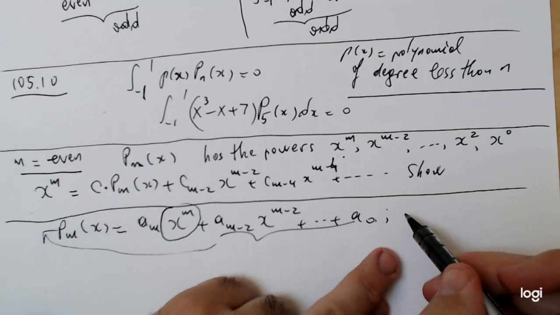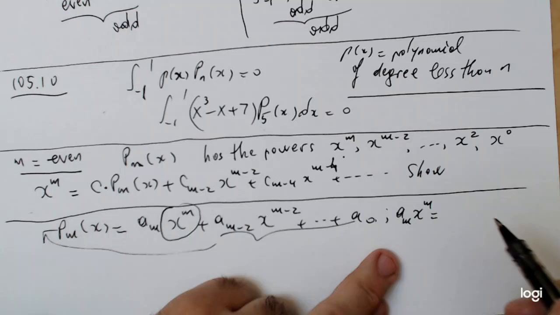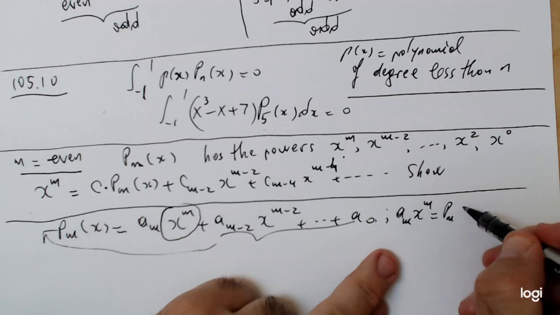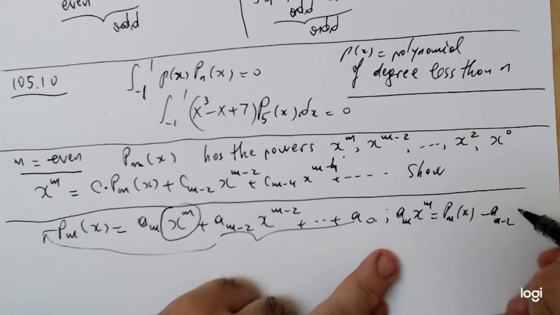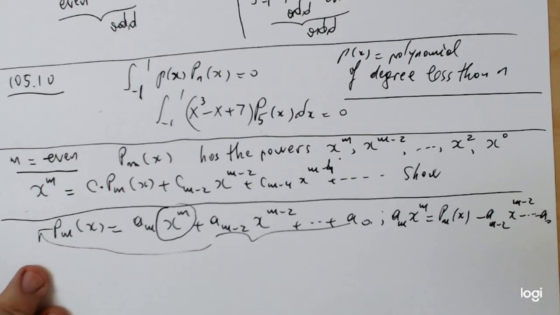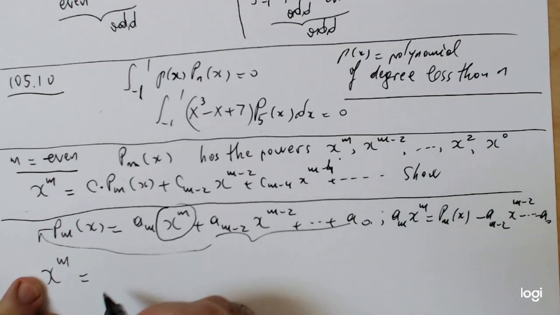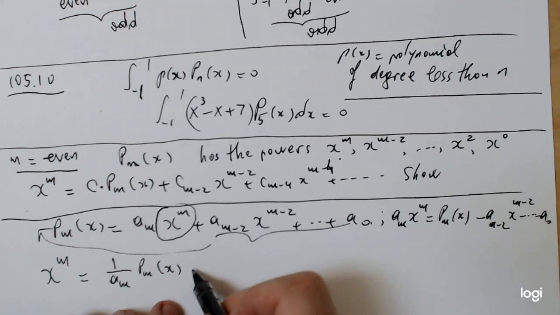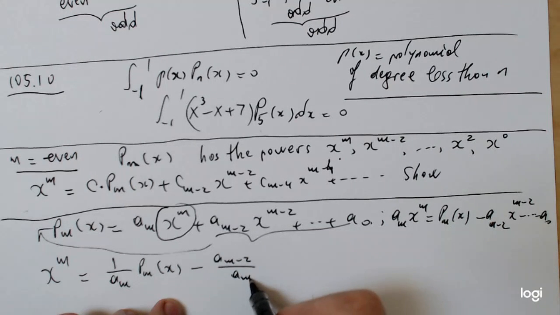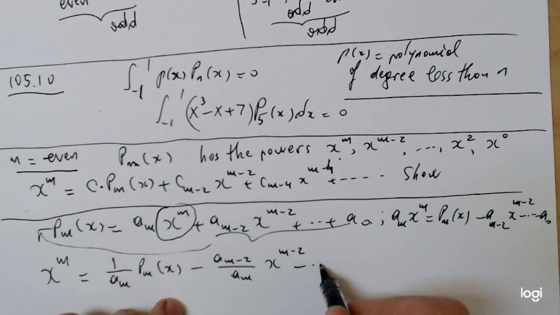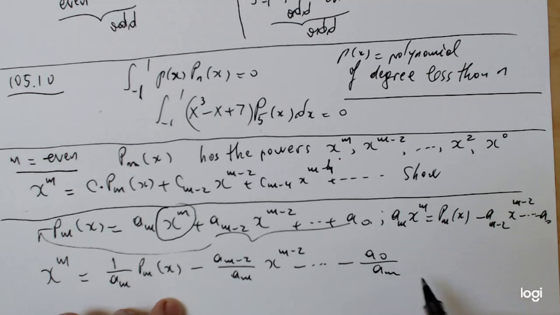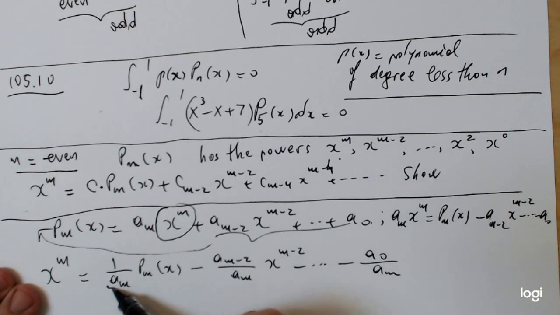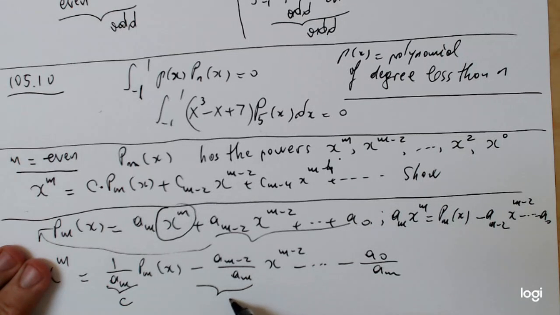On one hand you have am x to the m equals Pm of x minus am minus 2 x to the m minus 2 all the way up to a naught, and then divide by am. And just to match what they say in the problem, this becomes the constant c, this becomes the constant cm minus 2, c naught, and so on.